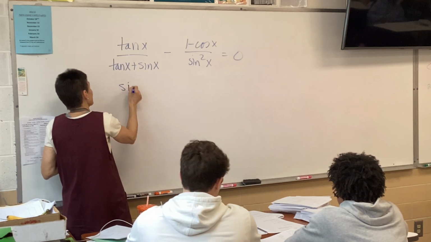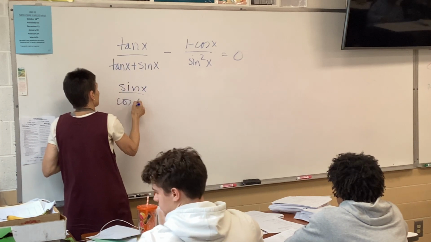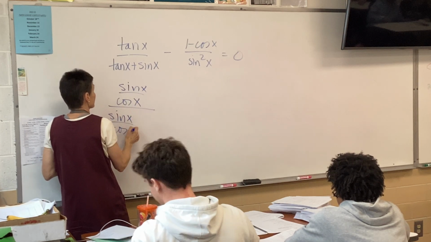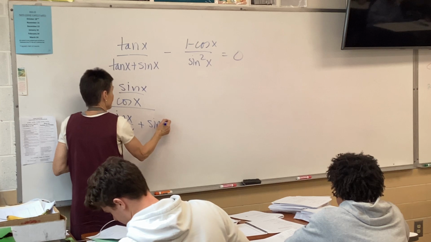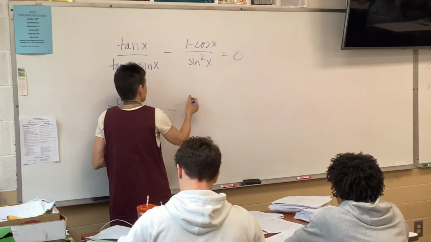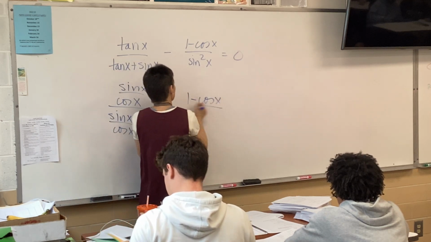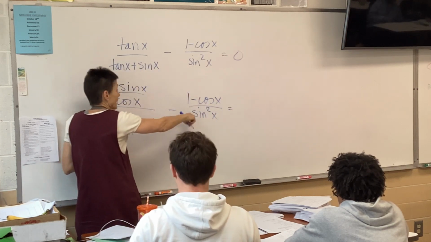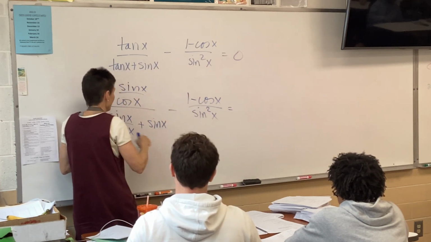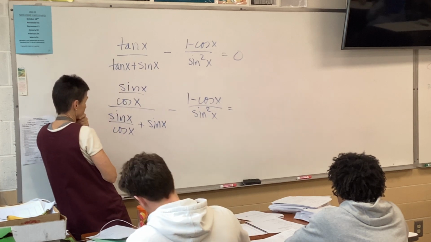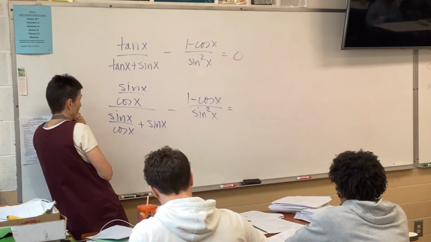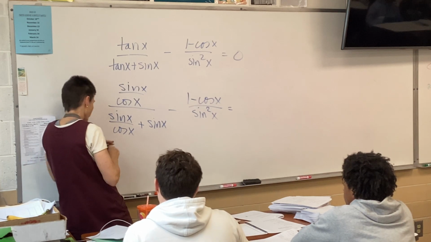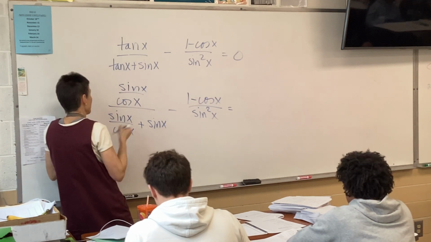So sine over cosine over sine over cosine plus sine minus, I'm gonna wait on this and see what happens on the other side here. I like that idea a lot. I like that idea, but let's see what happens over here. What shall I do? Multiply by cosine.